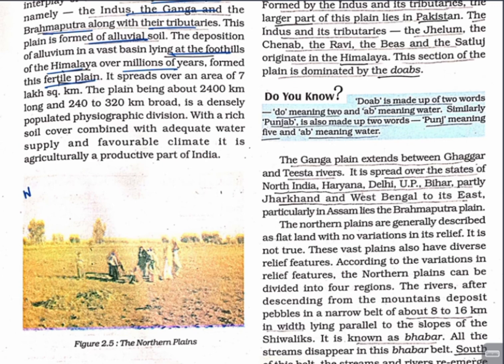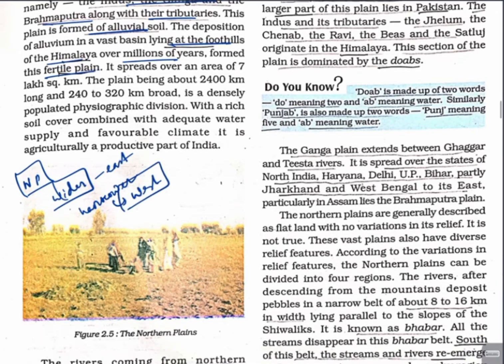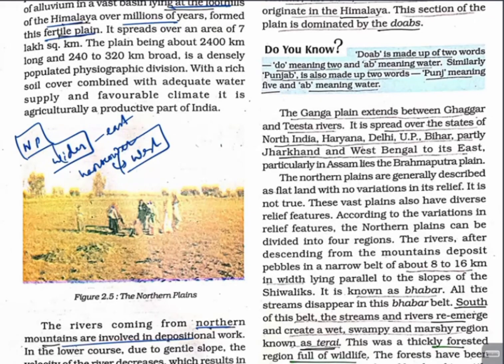The northern plains stretch over about 3200 kilometers, with alluvial deposition from 1000 to 2000 meters deep.